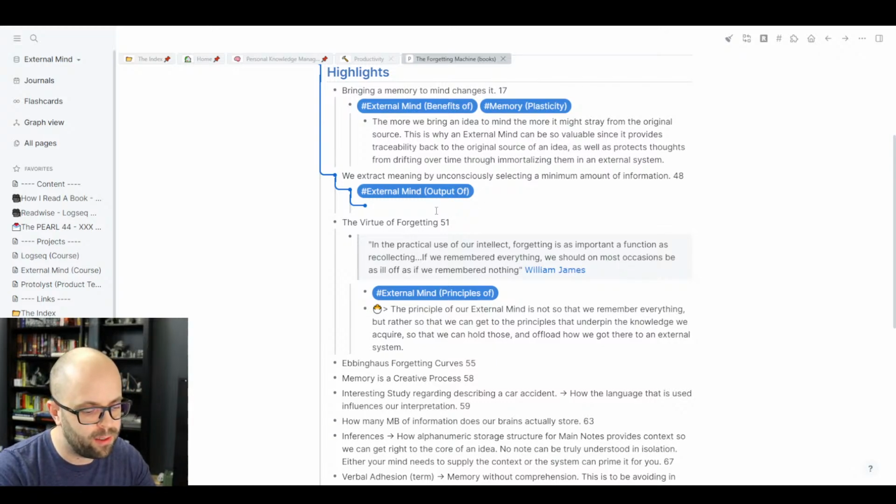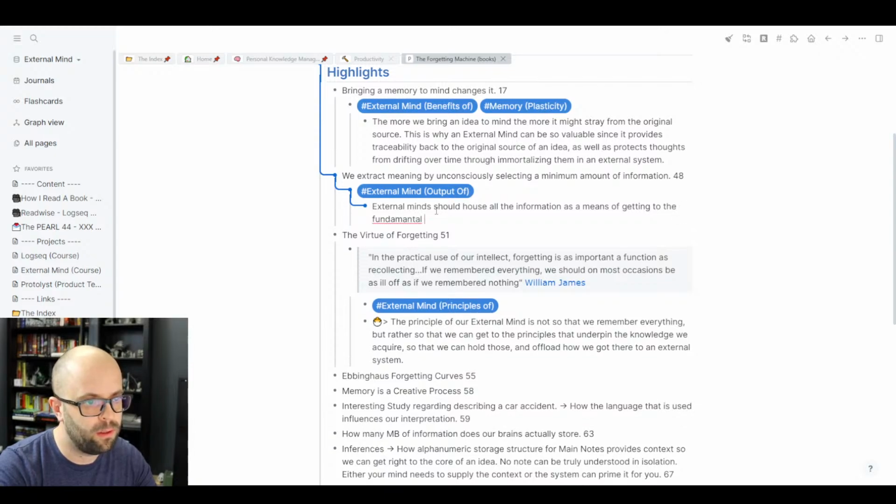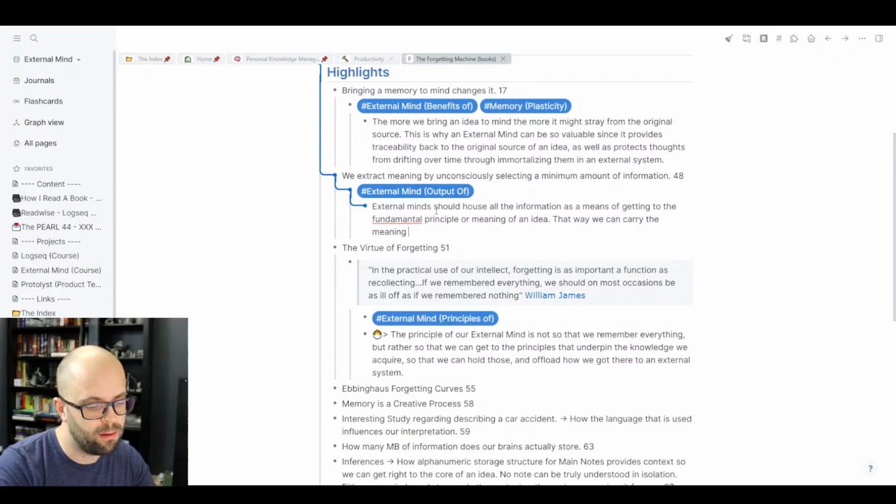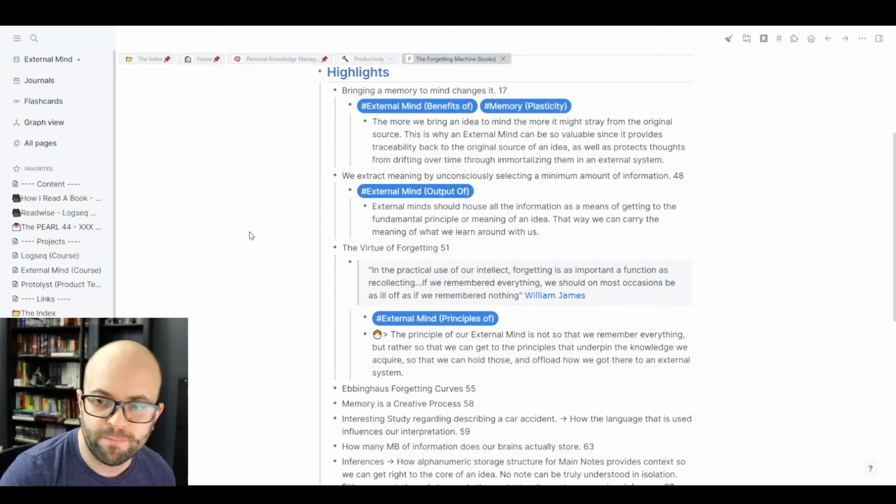Let's see: external minds should house all the information as a means of getting to the fundamental principle or meaning of an idea. That way we can carry the meaning of what we learn around with us. There we go.